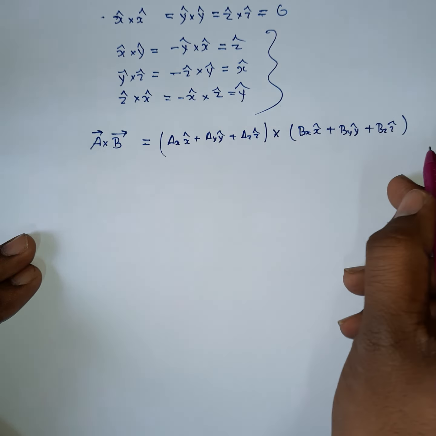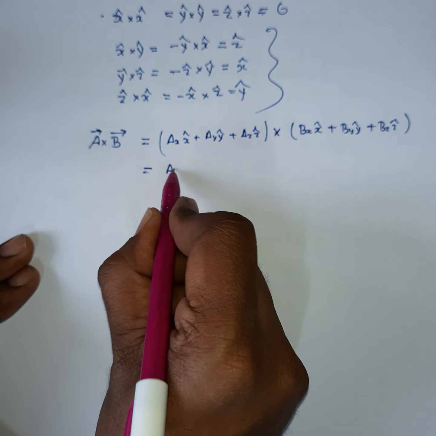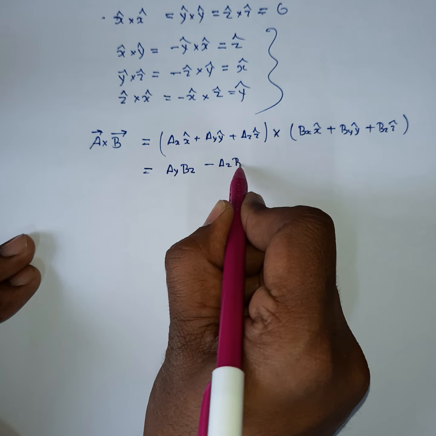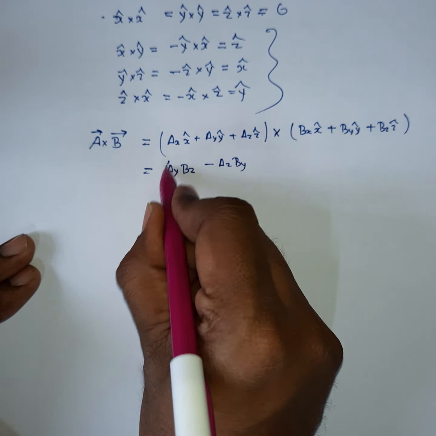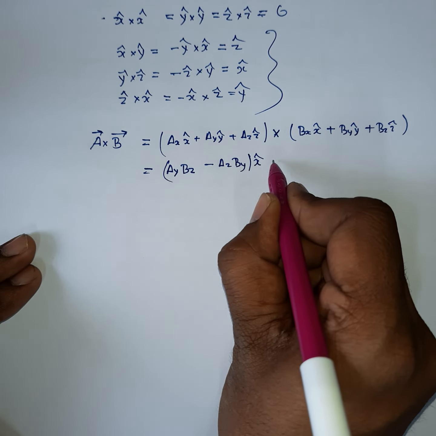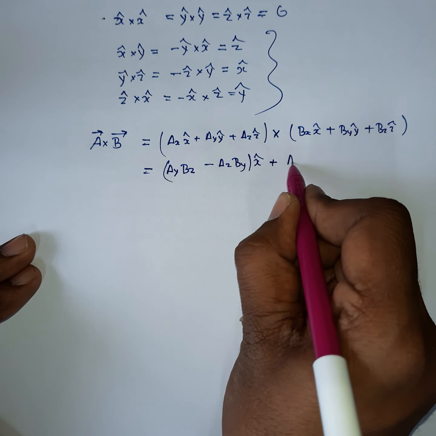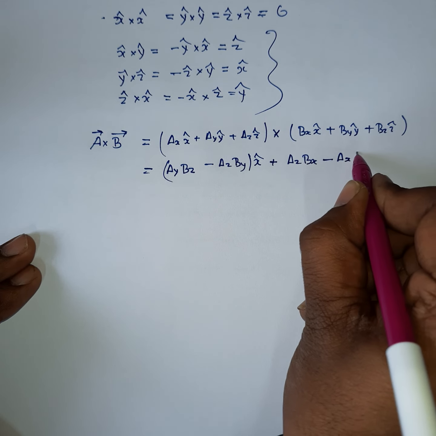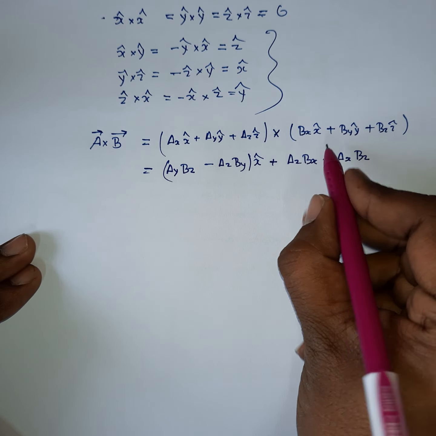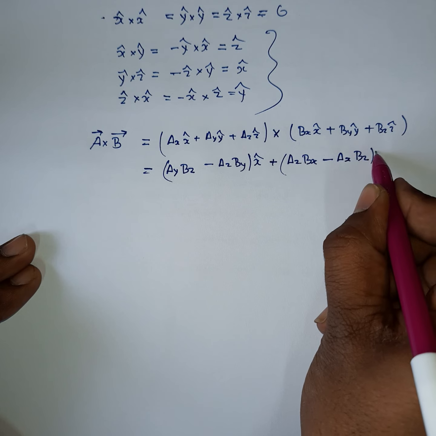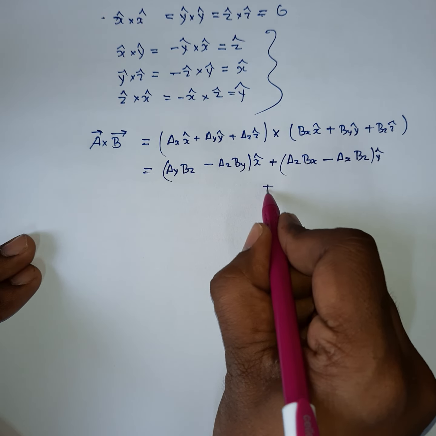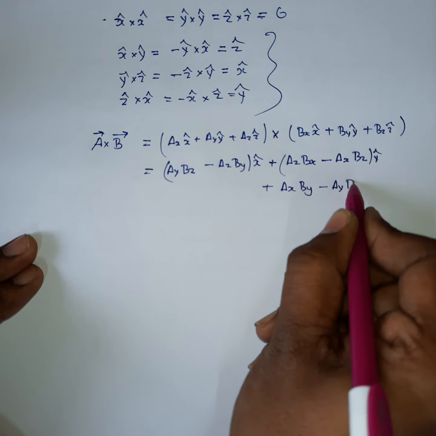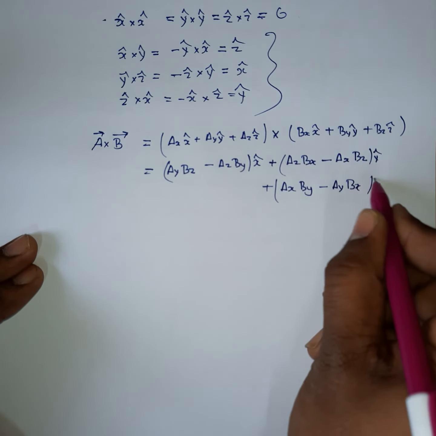So if we take the cross product, you will get this relation: ay bz minus az by, and it is along x cap. Similarly, for y cap, you can write az bx minus ax bz, y cap, plus ax by minus ay bx, equal to z cap.